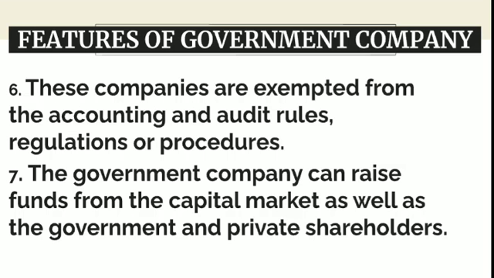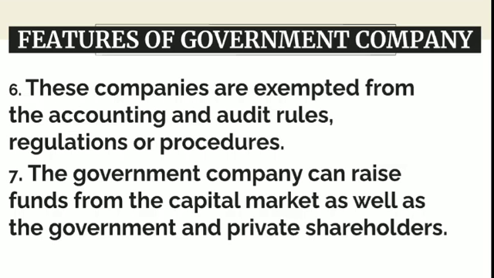The next feature is the government company can raise funds from the capital market as well as the government and private shareholders. So how it can raise funds is actually from different sources. The government company will raise funds from government shareholdings, or it can be from private shareholders. It can also raise funds from the capital market, that is the stock exchange.